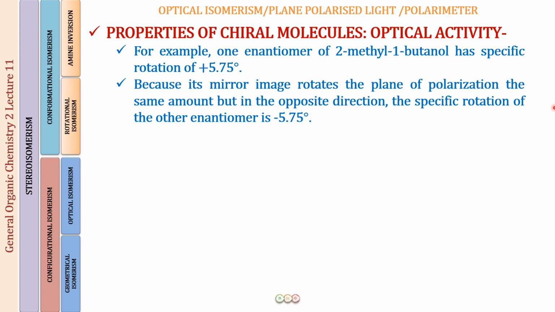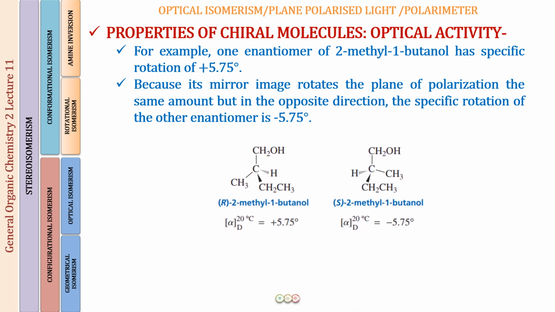Therefore, the specific rotation of the other enantiomer is going to be minus 5.75 degrees. Both of them have the same value, the only difference is the plus and the minus sign. One is rotating the plane polarized light in the clockwise direction, the other in the anti-clockwise direction. And this is how you are going to represent everything.